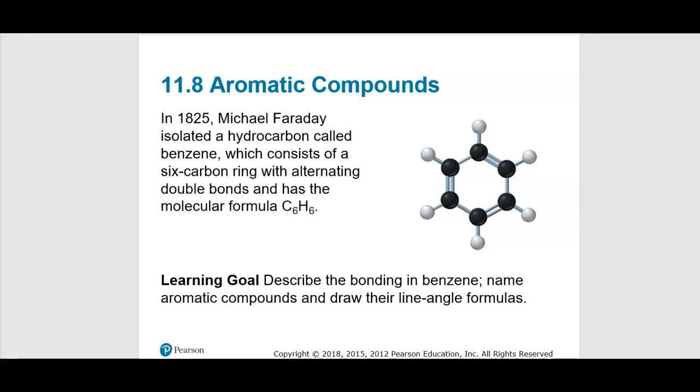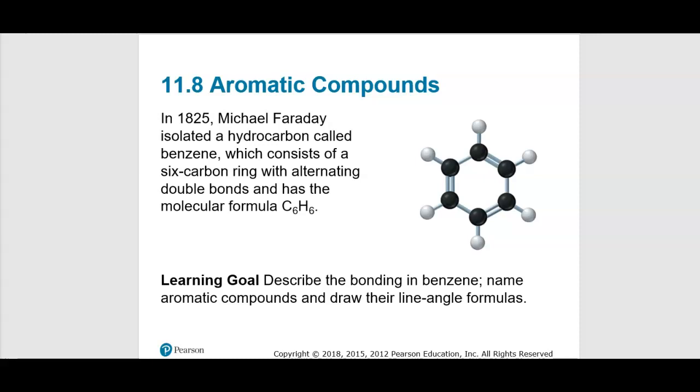But the little historical thing is in 1825, Michael Faraday first isolated benzene, which has a 6-membered ring with alternating double bonds and has a molecular formula C6H6. Now, a 6-membered ring with alternating single and double bonds like that has some very special properties, and we call these aromatic in particular because so many of them have very strong and often pleasant smells.